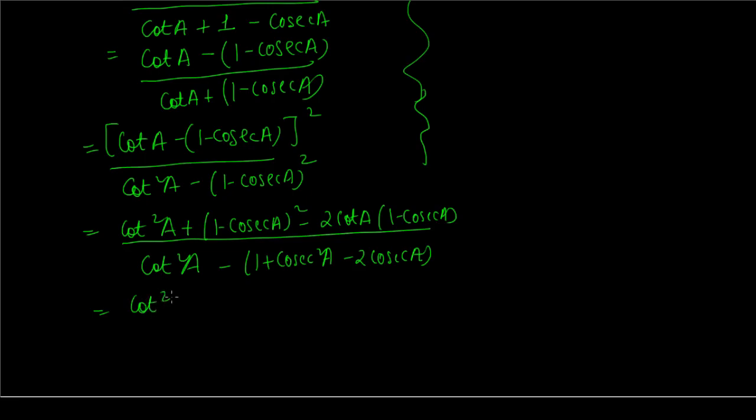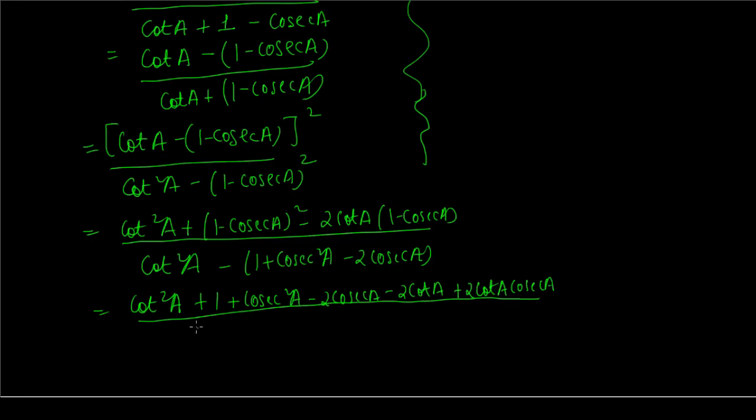You get cot square A plus 1 plus cosec square A minus 2 cosec A. Now open this bracket, minus 2 cot A plus 2 cot A cosec A, divided by cot square A. Now open this bracket as well. So you get minus 1 minus cosec square A plus 2 cosec A.